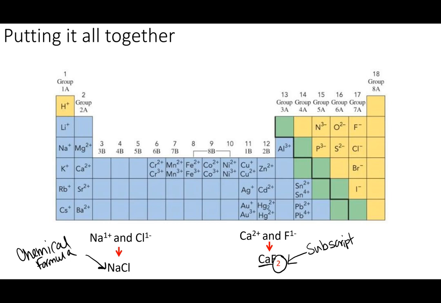Or another way of saying this is, for every 1 atom of calcium, he's going to need to find 2 atoms of fluorine in order to give away 2 of his electrons. So when we write the chemical formula for calcium and fluorine, we need to use that subscript of 2 to balance it out.